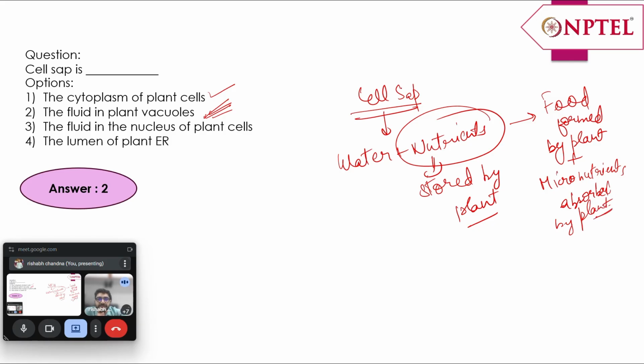So cell sap is the mixture of water and all the nutrients that are absorbed or formed by the plant. This cell sap is stored in the plant vacuoles. The central vacuole present in the plant stores the cell sap.